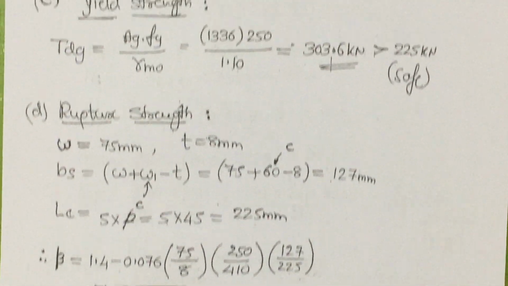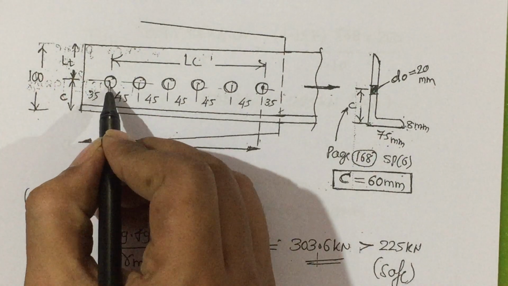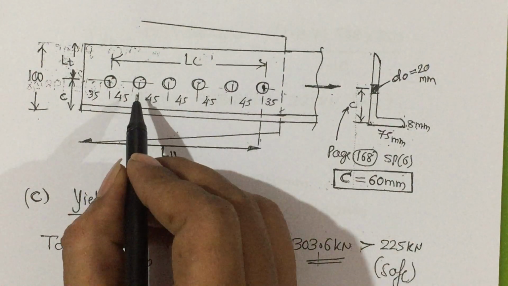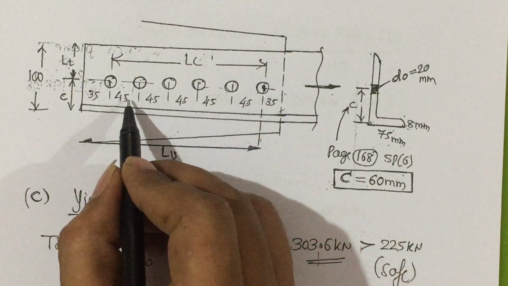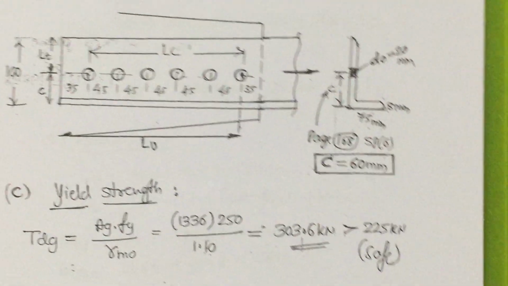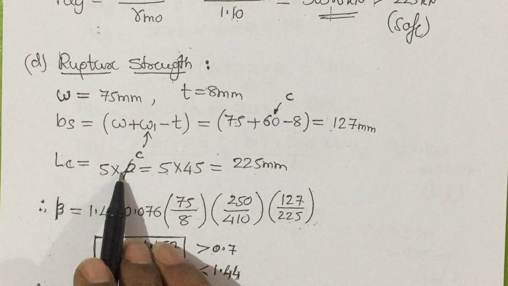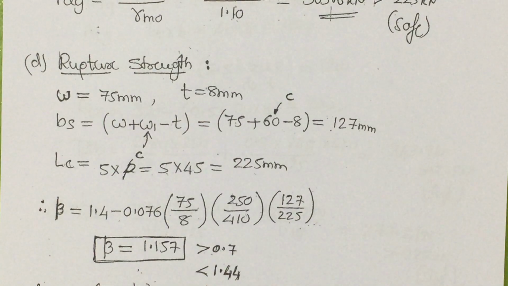LC is given by distance between the outermost bolt, from this bolt to this bolt. From here to here, how much? 45 plus 45 plus 45 plus 45 plus 45, nothing but 45 into 5. So, given by 5 into pitch distance, that is 5 into 45, you are going to get it as 225 millimeter.